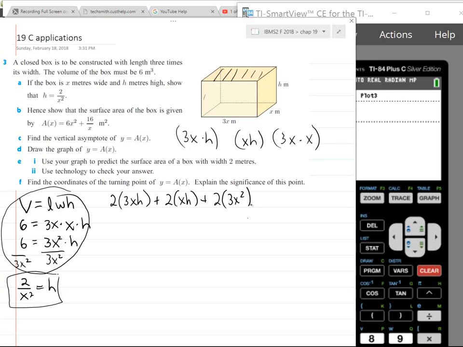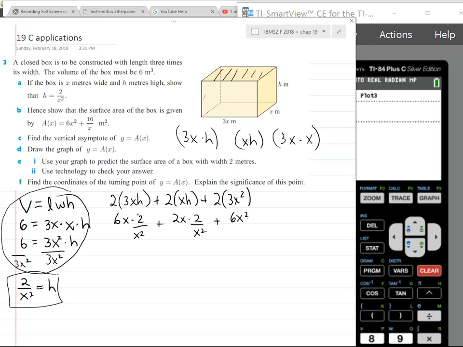But remember in part A, they told us that h in terms of x was 2 over x squared. So everywhere we've got an h, we can substitute the 2 over x squared. So this becomes 6x times 2 over x squared plus 2x times 2 over x squared, plus 6x squared.